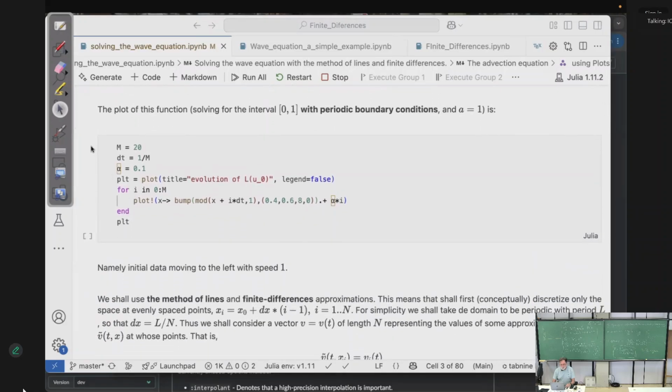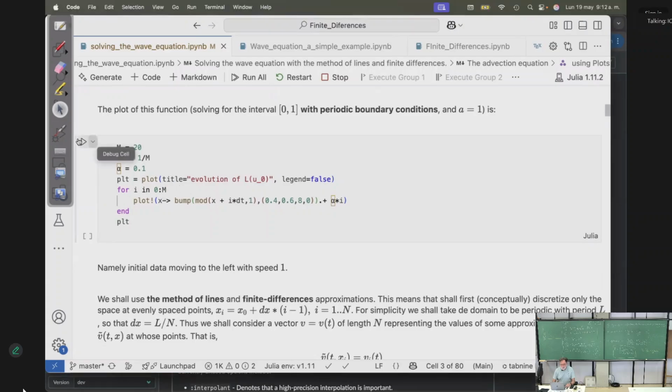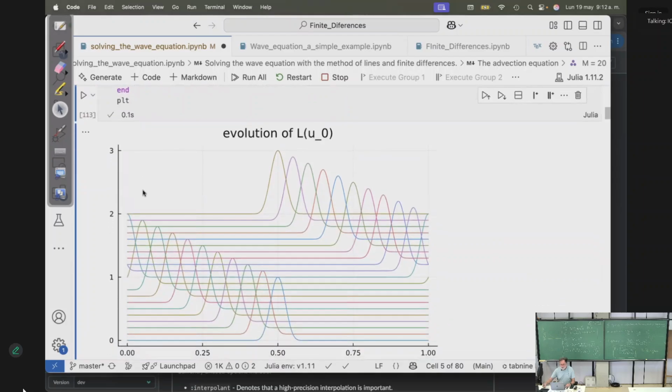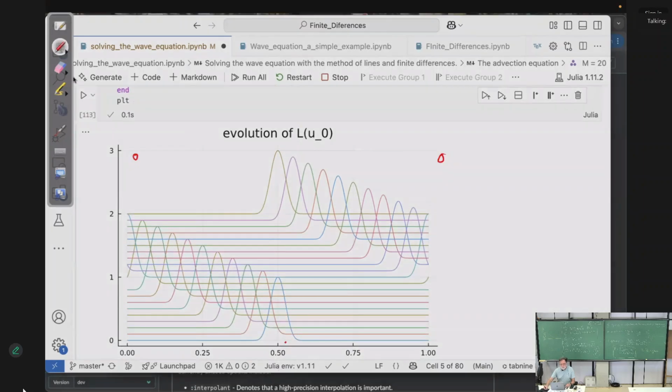So here we have a plot of how it's going to evolve. You see we start here. This is the initial data. I'm going to move to the left. So after one period, it's going to be on the other side.